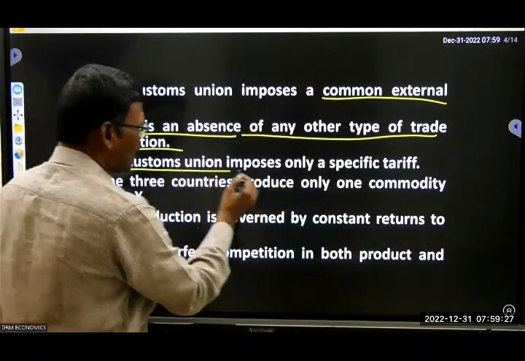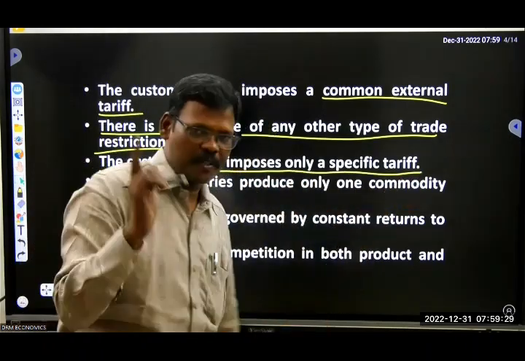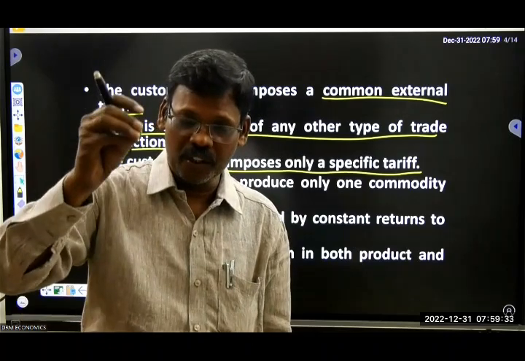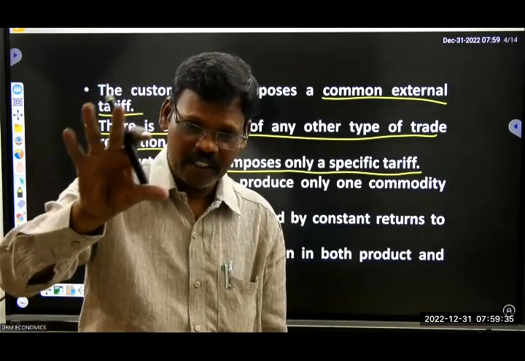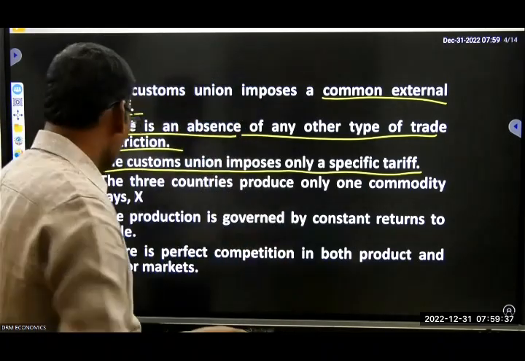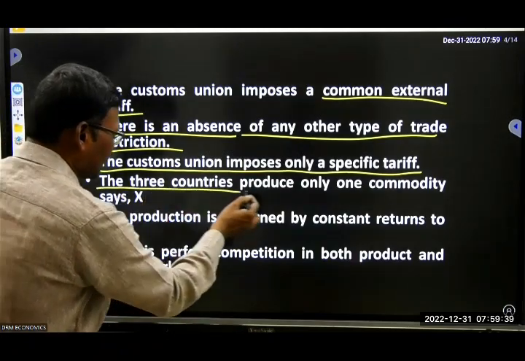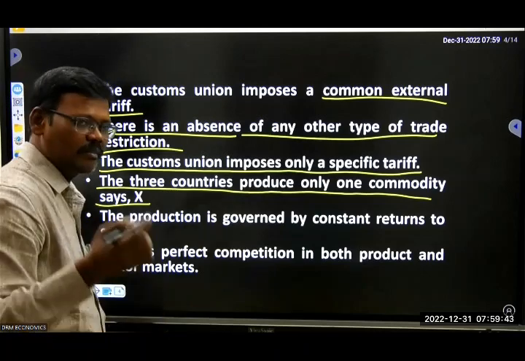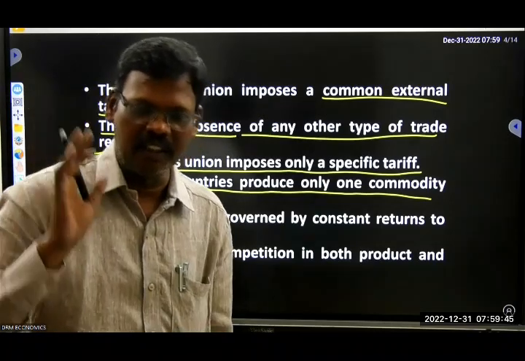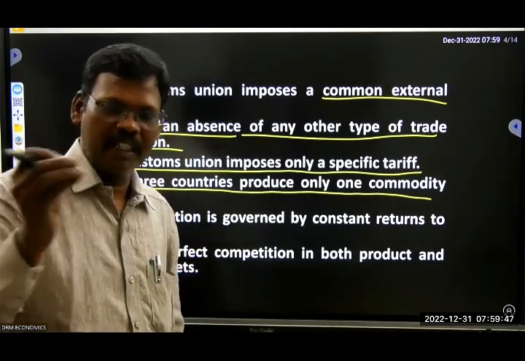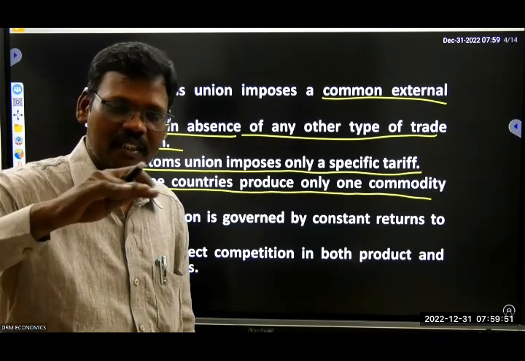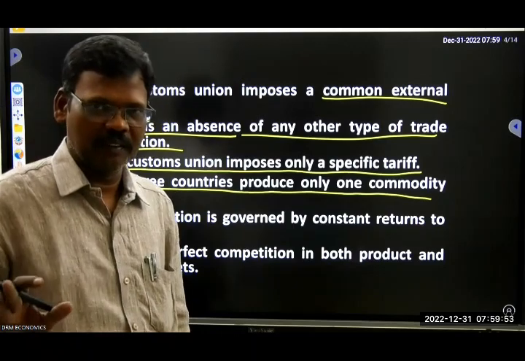The customs union imposes only specific tariffs, as I told you. These countries impose only specific taxes. And the three countries produce only one commodity, say X. The countries A, B, and C, in the example we have taken, in the customs union all the countries are producing the same commodities.